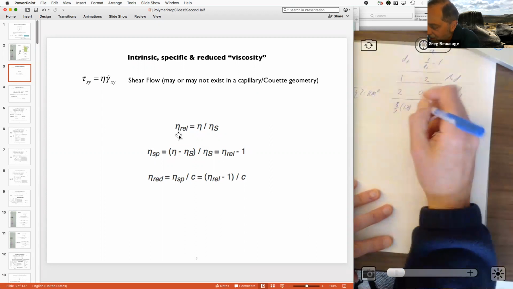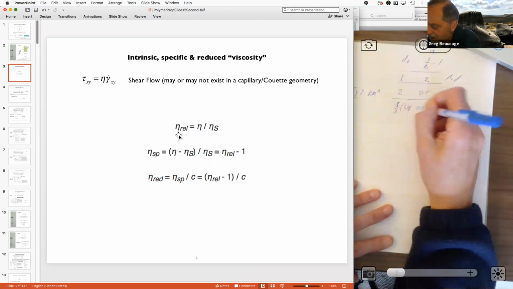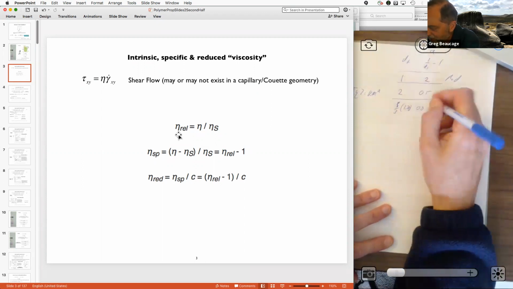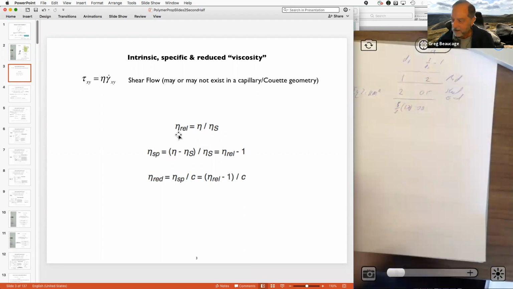So then this thing would be 0.8 or, what does it become? Let's see. Then DF is, let's see. So then it becomes 0.765.